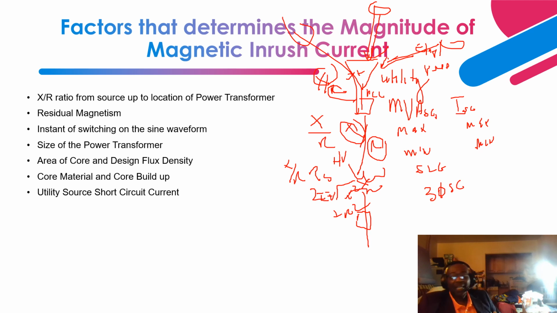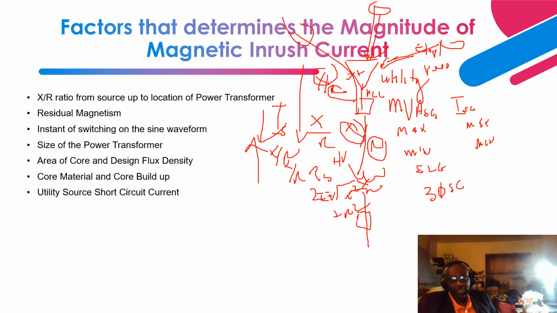So what does the X and the R do? Basically, it's more like a time constant. They impede the amount of short circuit current that flows from the utility and goes through the transformer during energization. So that's how the X over R ratio plays a factor. The higher your X over R ratio, the lower your magnetic inrush current.